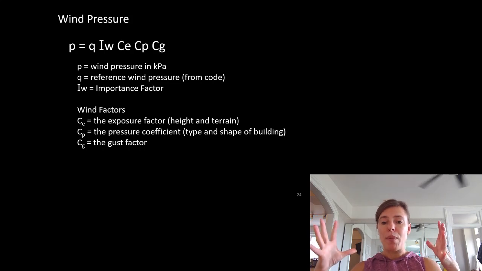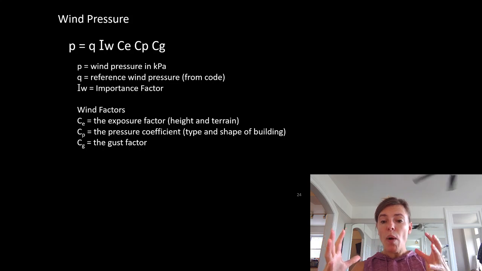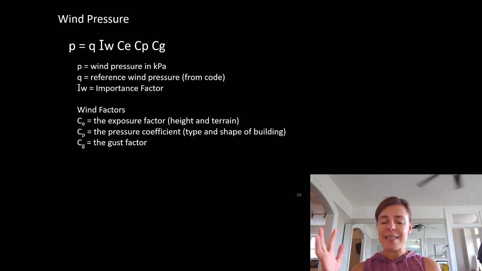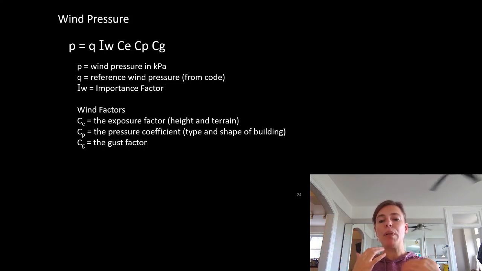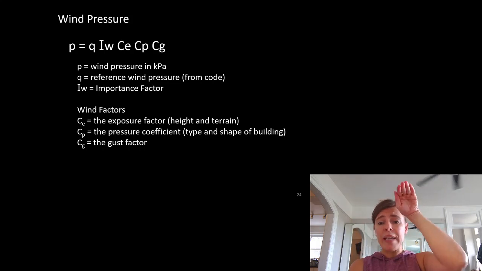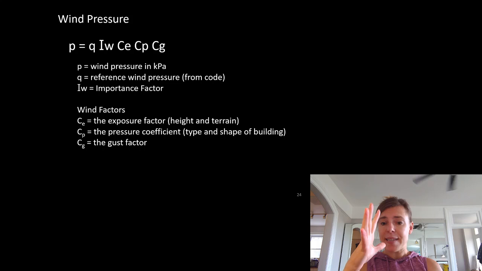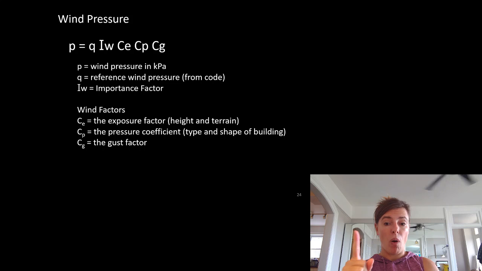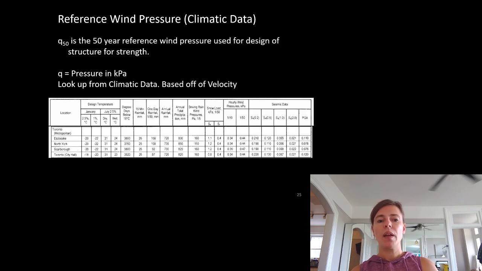If we're talking about the building as a whole, well, it's probably the distance from me to the tree. That gust isn't impacting the entire building all at once. So we apply some component of it to the building as a whole. But if we're designing one window, which is very small, when that gust hits, it could apply to the entire window all at once. So we'll use a higher gust factor.